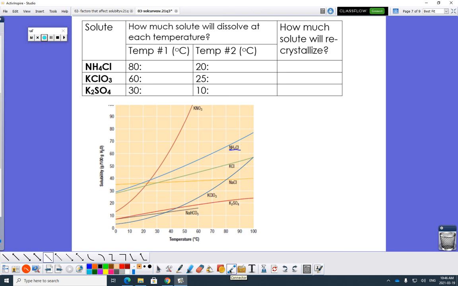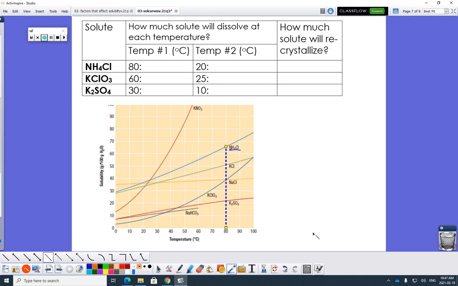Again, even if you don't have a ruler, it might be helpful to use the side of your calculator. So 80 degrees, go up to NH4Cl, and this is where you might need to estimate.